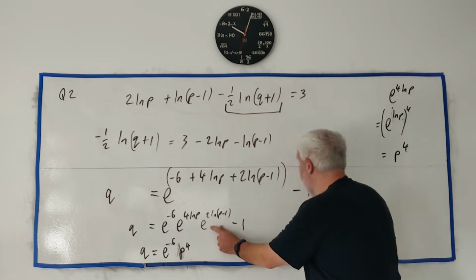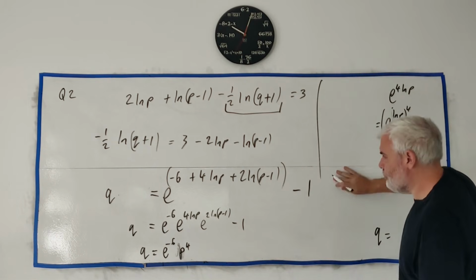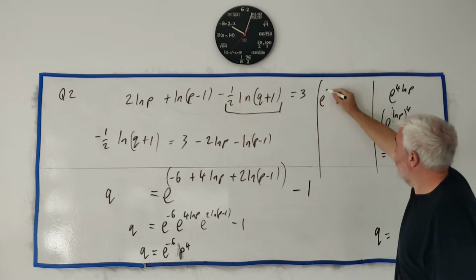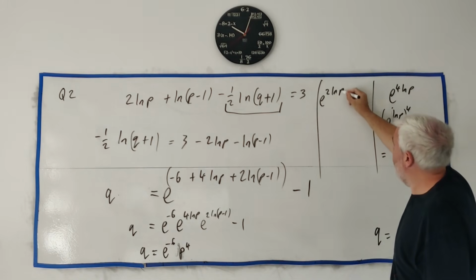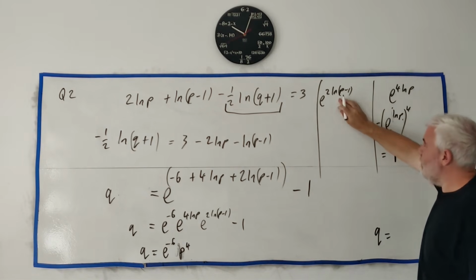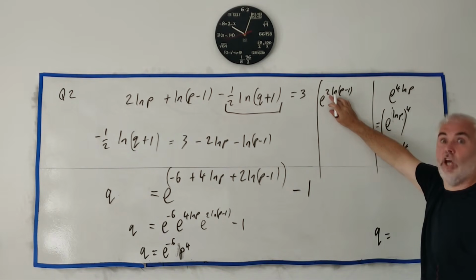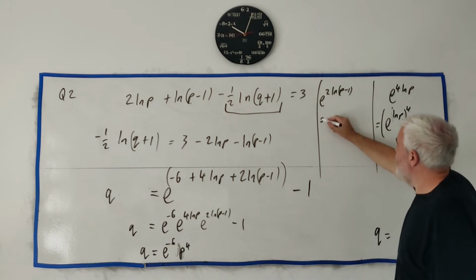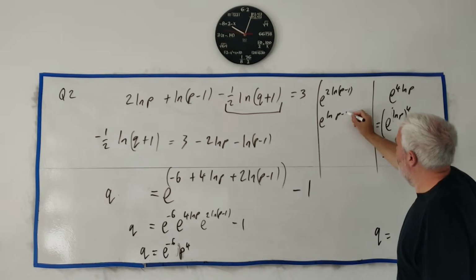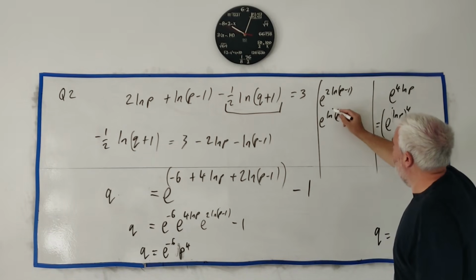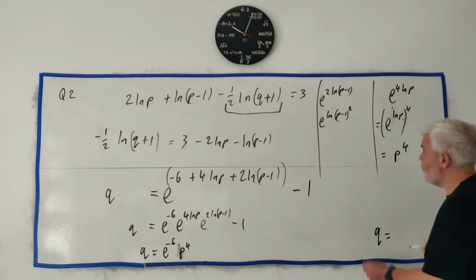Let me do this a different way. I'll do it up here again. e to the 2 natural log p minus 1. We can use the rules of logs to rewrite this as e to the natural log of p minus 1, to the power of 2.